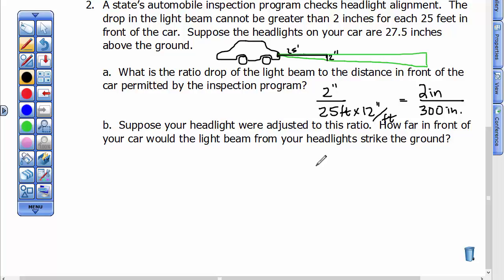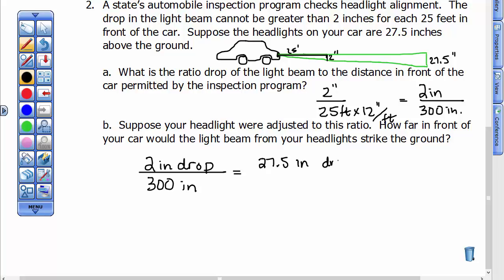And I know that I want this to be 27.5 inches, because that's how high they are above the ground. So again, if I have a 2-inch drop for every 300 inches out, then I want to drop 27.5 inches to get to the ground. So how far out, x, can I go?